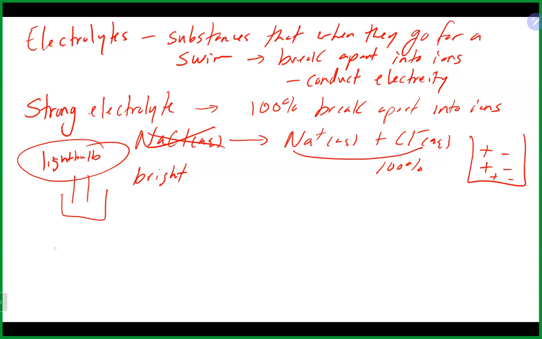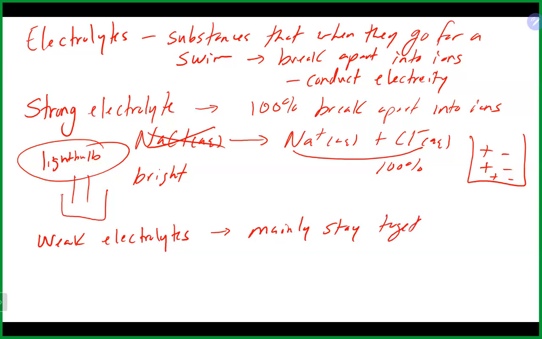Now, there are electrolytes which are weak electrolytes. Weak electrolytes mainly stay together, but will produce some ions. So for example, hydrofluoric acid is an example of a weak electrolyte.